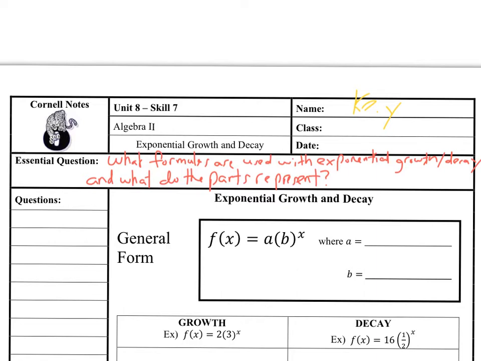A is going to stand for your initial value. It's also called the y-intercept, or some people call it starting point. It starts when x equals 0.